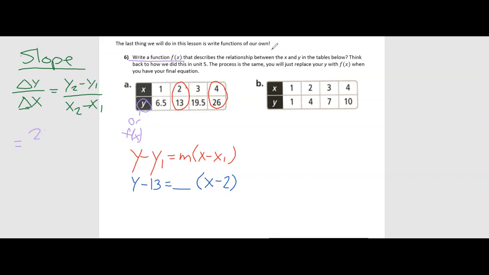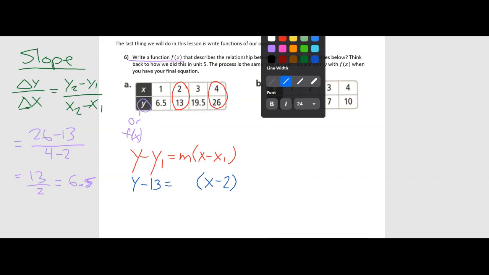So that's going to give me 26 minus 13 all over 4 minus 2, which gives me 13 over 2. I can either use 13 over 2, or I could use 6.5. I can use the decimal because it's terminating, it doesn't repeat, I don't have to do any rounding. And I will go ahead and just use the decimal here.